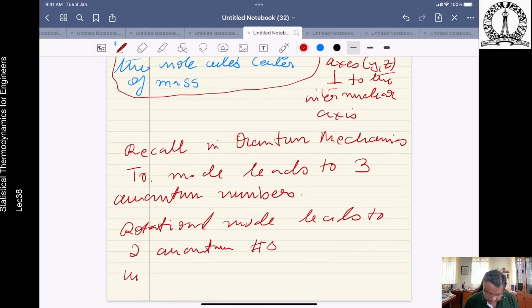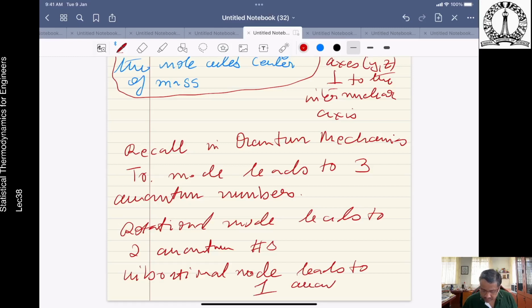And the vibrational mode leads to 1 quantum number.